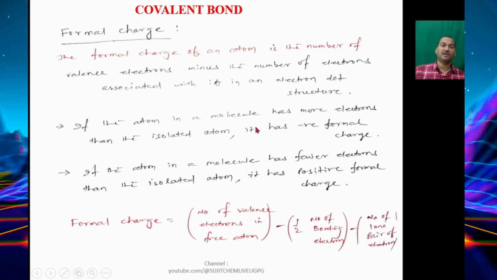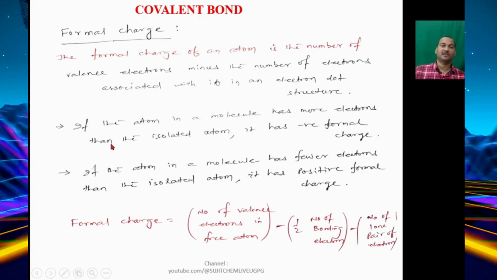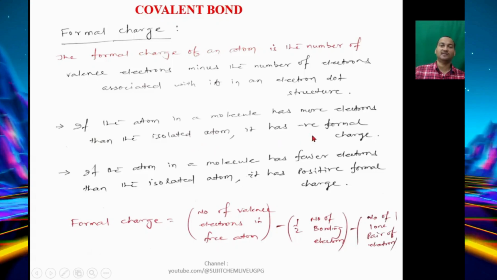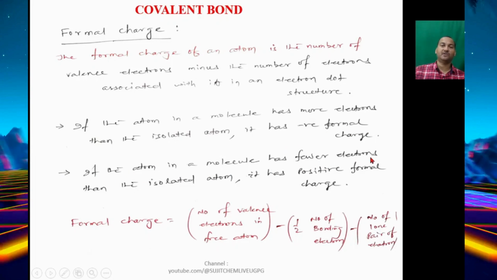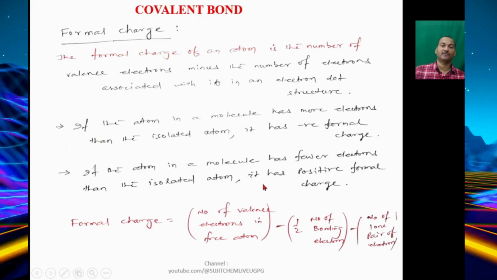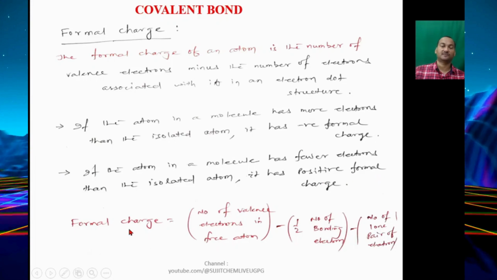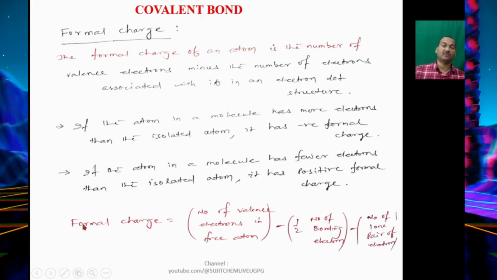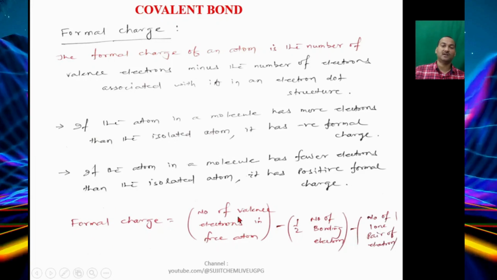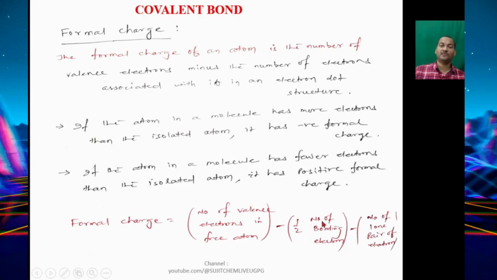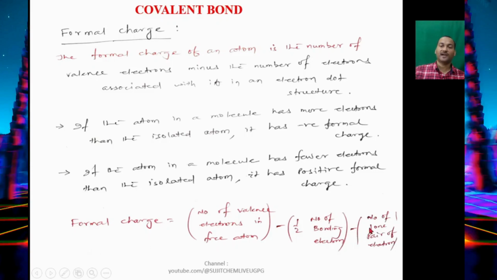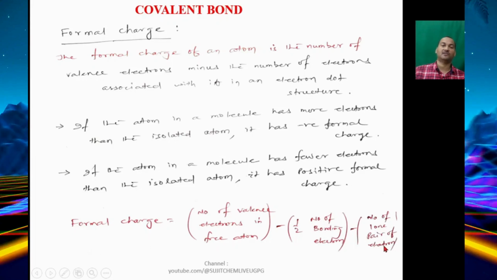If the atom in a molecule has more electrons than the isolated atom, it has a negative formal charge. If the atom in a molecule has fewer electrons than the isolated atom, it has a positive formal charge. Formal charge equals number of valence electrons in free atom minus half of number of bonding electrons minus number of lone pair electrons.